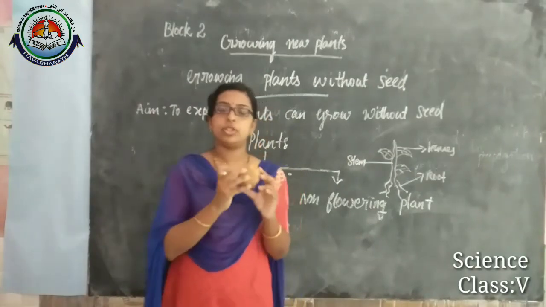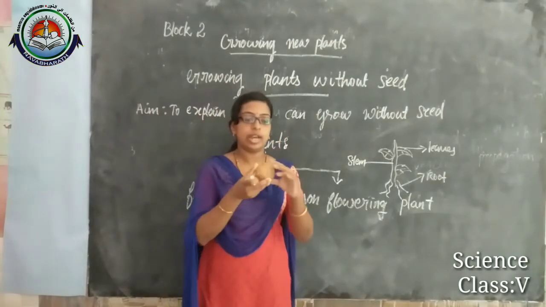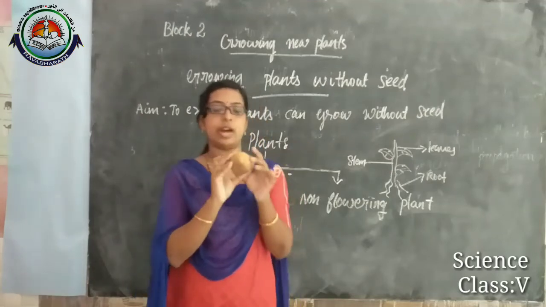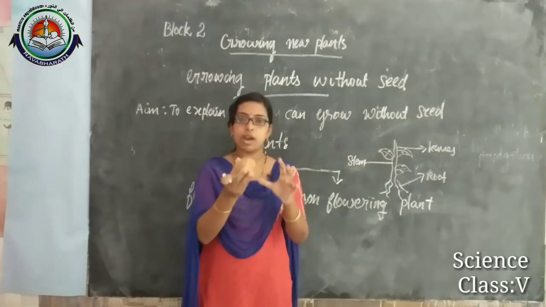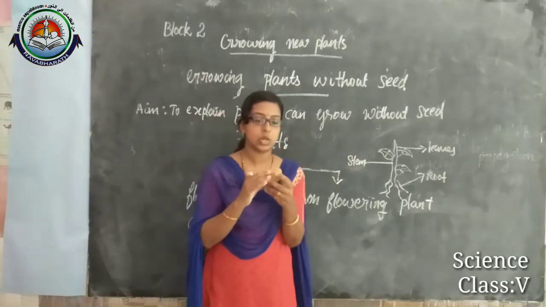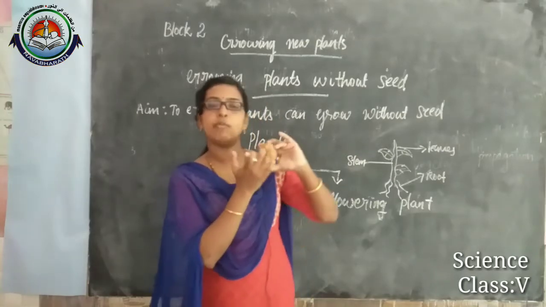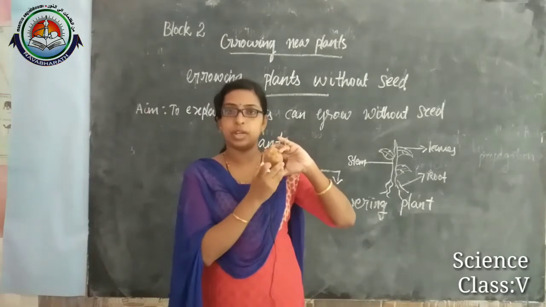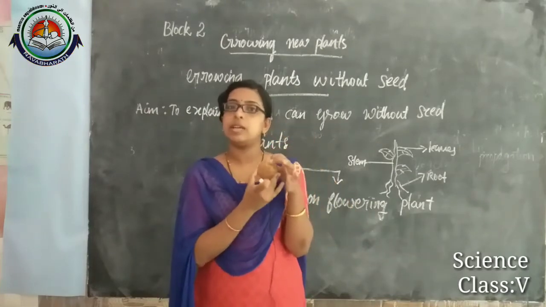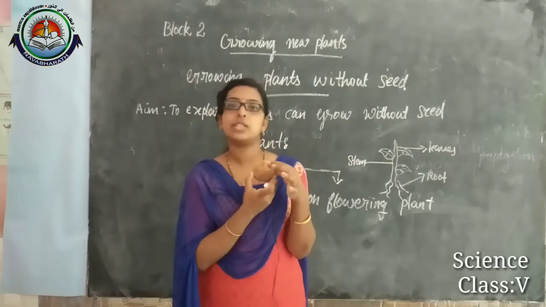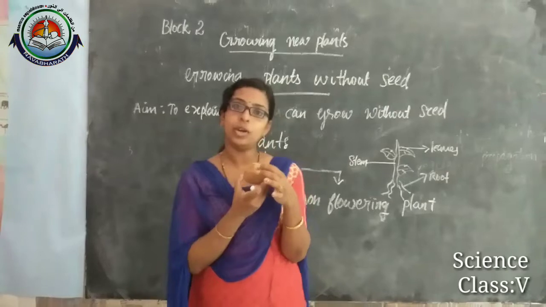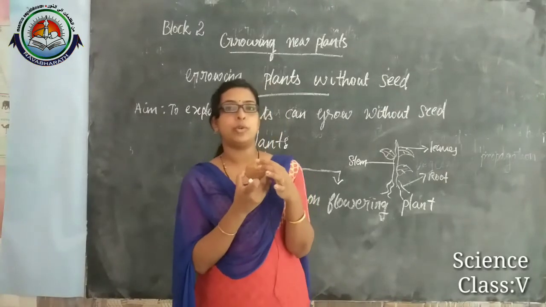After our class, you just look around it, or if it is possible you can see it now itself. Here you can see some white marks or white things coming out, right? This is termed as the eye or bud of a potato.